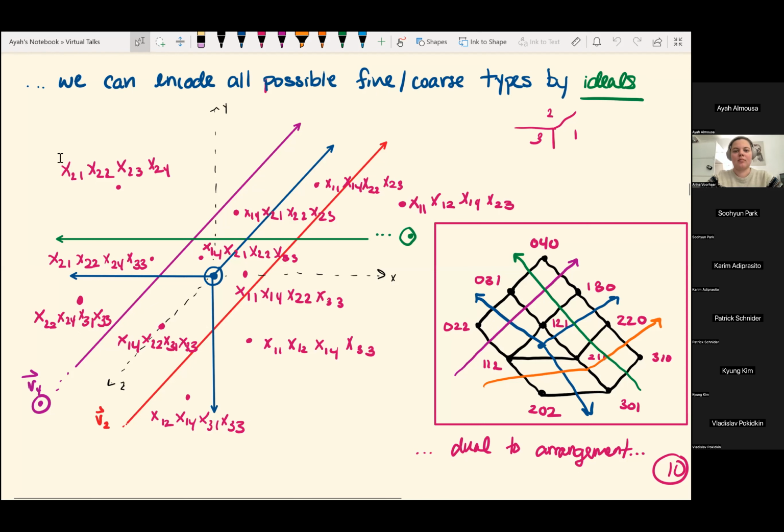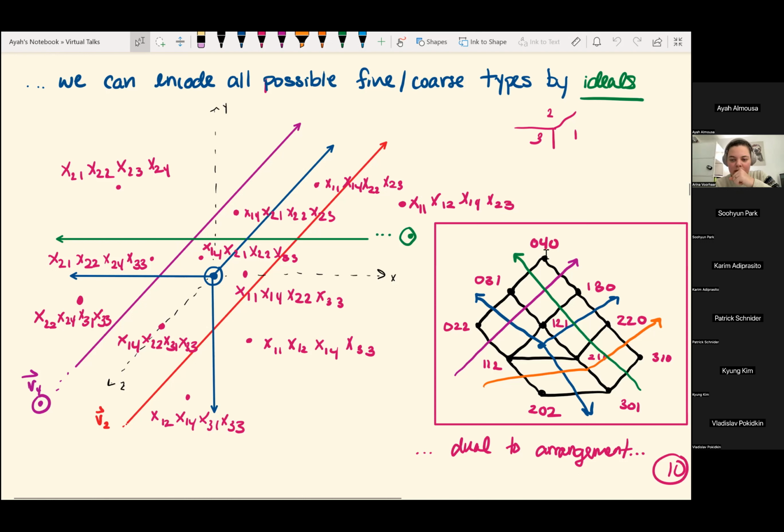And so if you want to think of it as an ideal, you just have to remember the minimal generators, which are going to correspond to the monomials for the bigger cells out here, right? And so if you look at the dual of this picture, you're going to see that this is what the picture looks like.